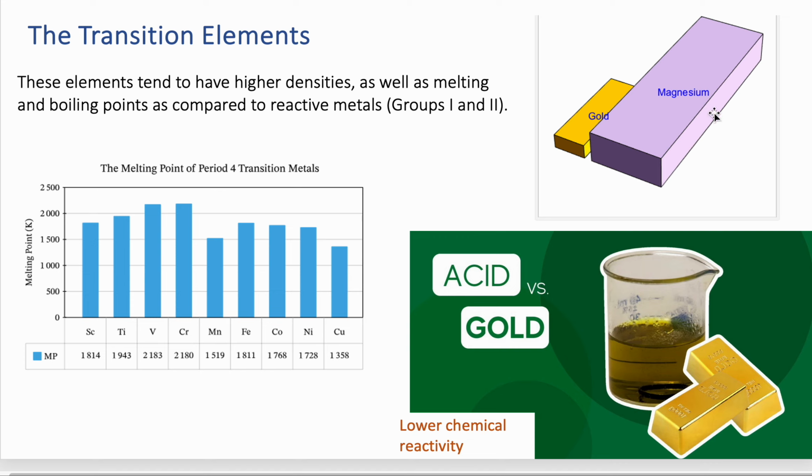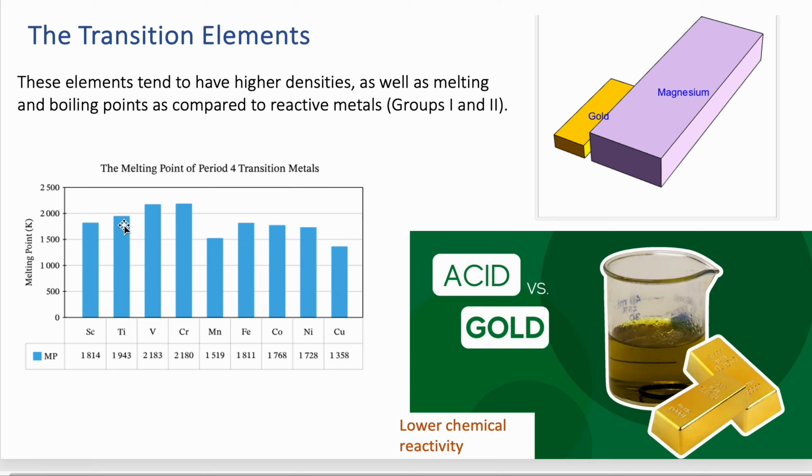So here, in this diagram, you can see an illustration. A little piece of gold would be enough to make up for the mass or the weight of a big block of magnesium. Magnesium is going to be lighter than gold, and the density is appreciated here in the volume that it occupies.